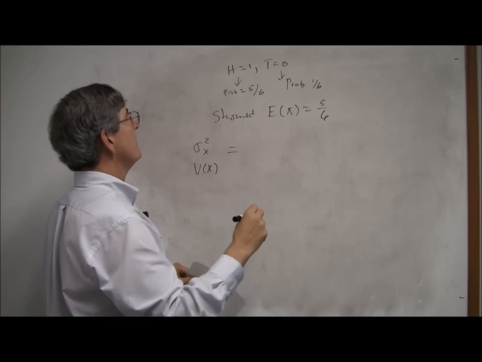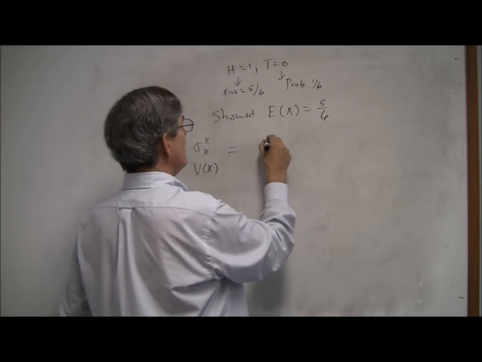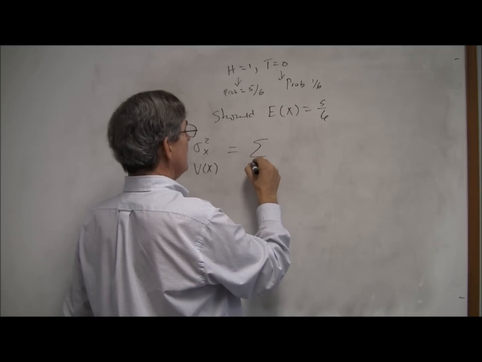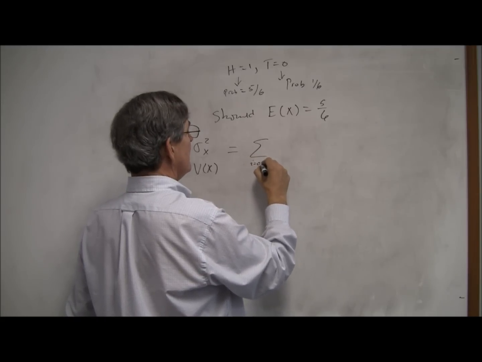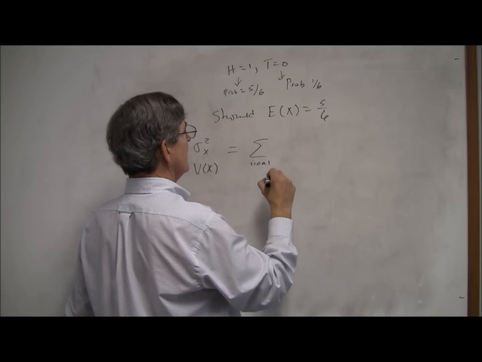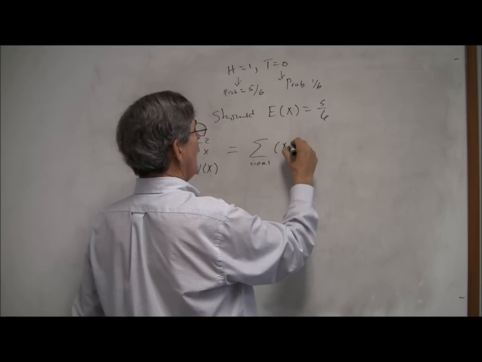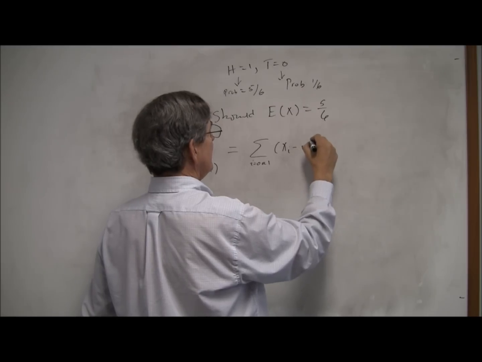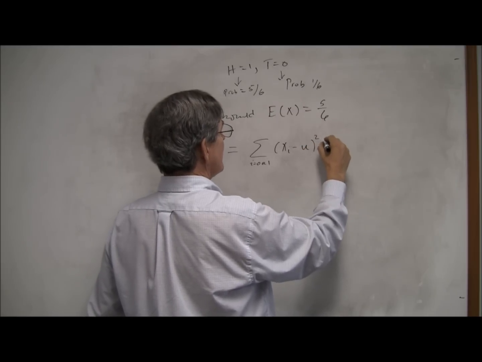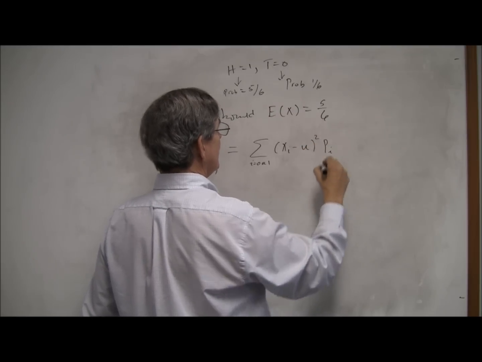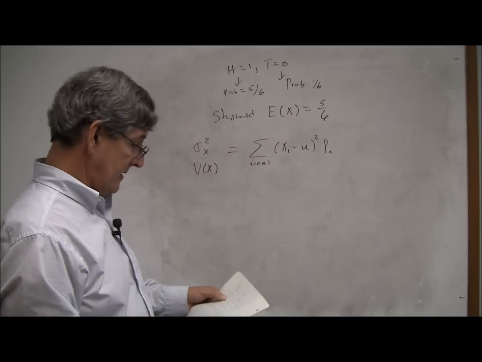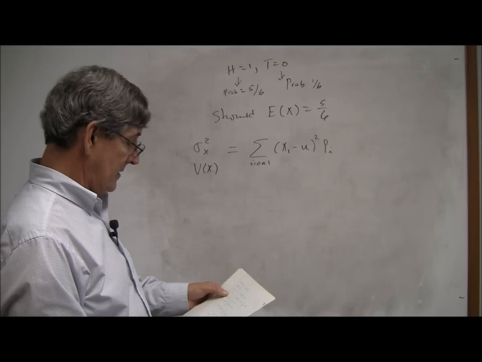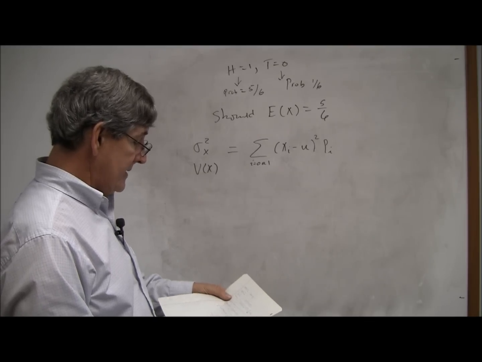What should this be? Well, remember, it's the sum over the outcomes, i equals 0 or 1, of the xi minus the mean squared times the probability of i. So what is that going to be?